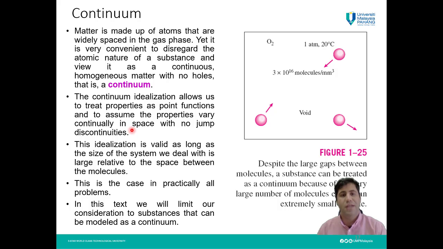But we can imagine that it is a continuous space, and the molecules and the properties are distributed evenly in that system, and the result of our calculation will be close to the case when we do not imagine the system as an ideal homogeneous system.